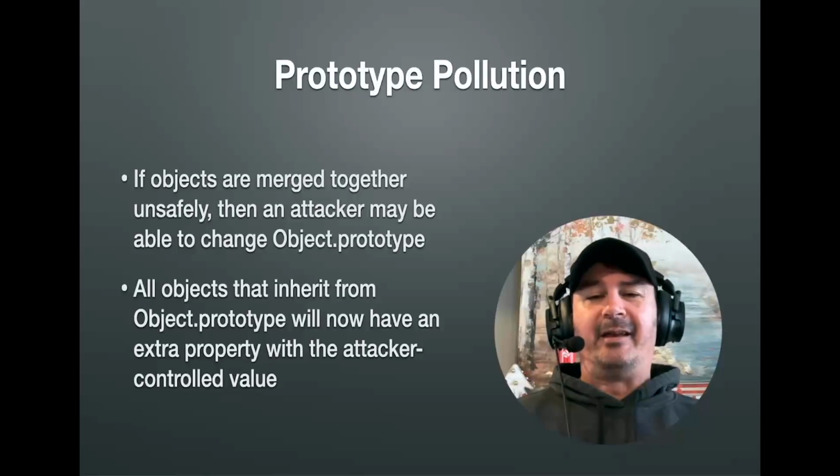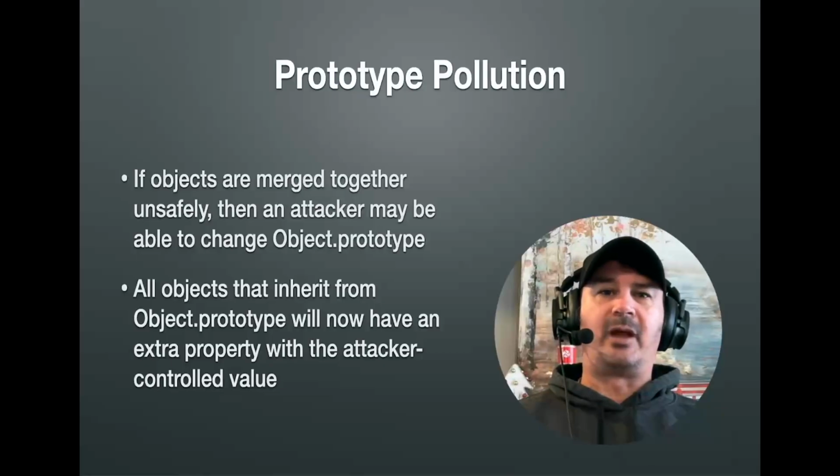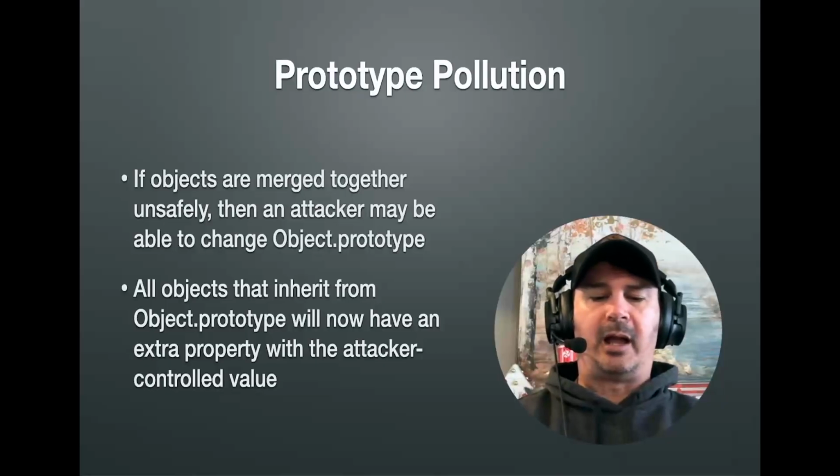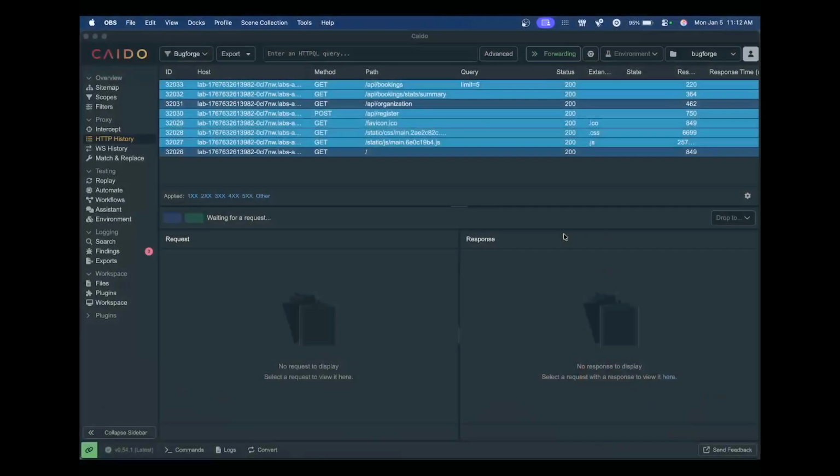If that happens, then all objects that inherit from the object prototype will now have that extra property with the attacker-controlled value. So I'm going to go through here real quick and give you an example before I get to the recommendations.